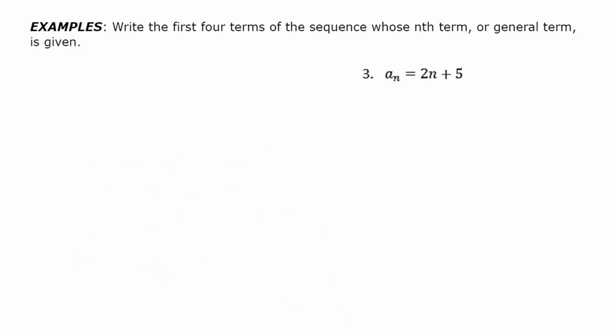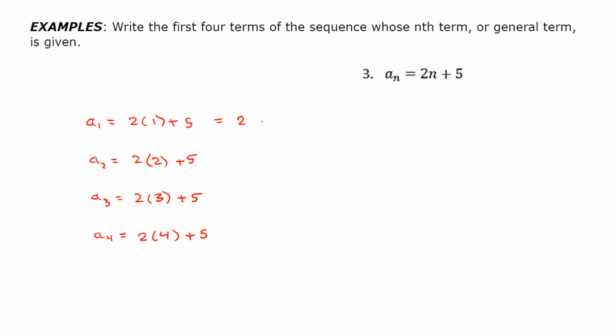Our third one, a sub n equals 2 times n plus 5. Again, we're trying to find the first 4 terms in the sequence. So we'll substitute in 1, then we'll substitute in 2, then we'll substitute in 3, and then we'll substitute in 4 into the formula.